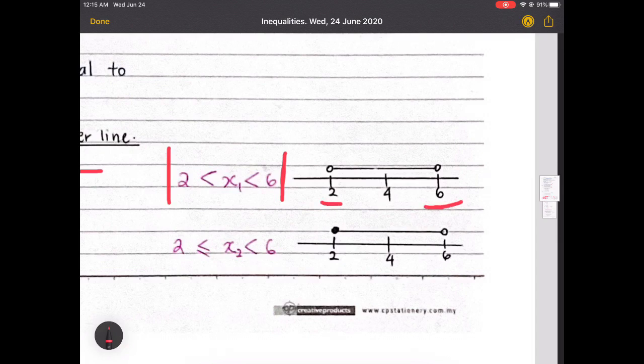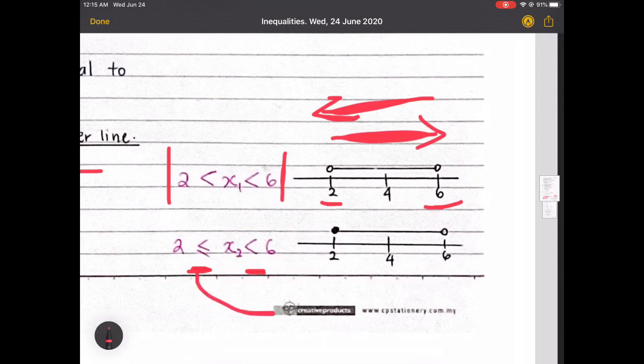So you don't have an arrow going that way or an arrow going this way because there is a specific range. In an inequality, you may have two different symbols. What I mean by two different symbols is that one symbol may have an equal to sign, but the other symbol may not have. That's simple, just translate it into the inequality. So like this, you have an equal to sign. So the symbol here will be a shaded circle.